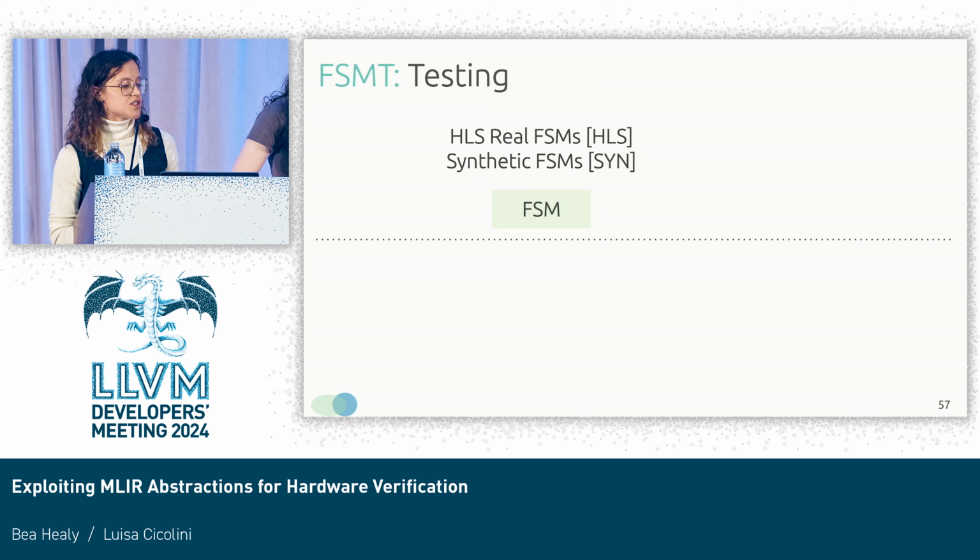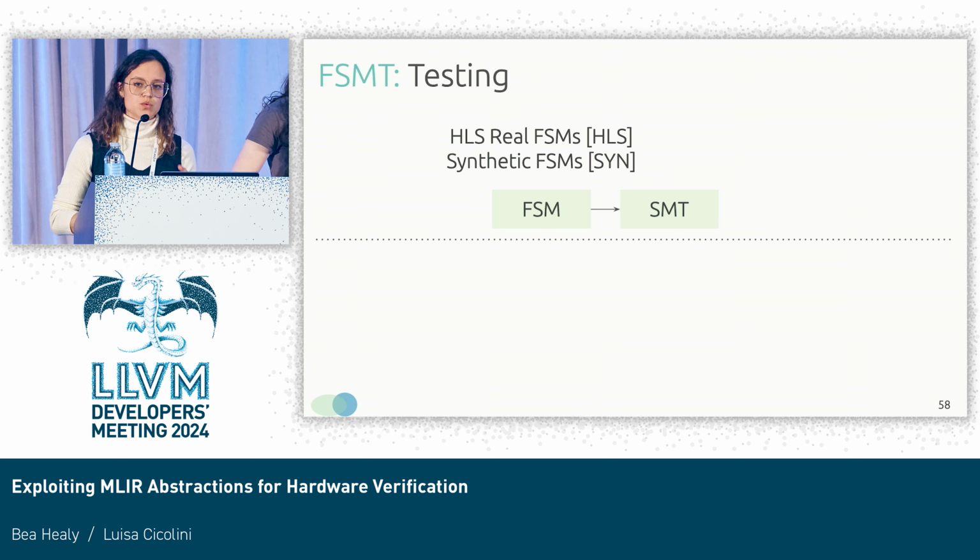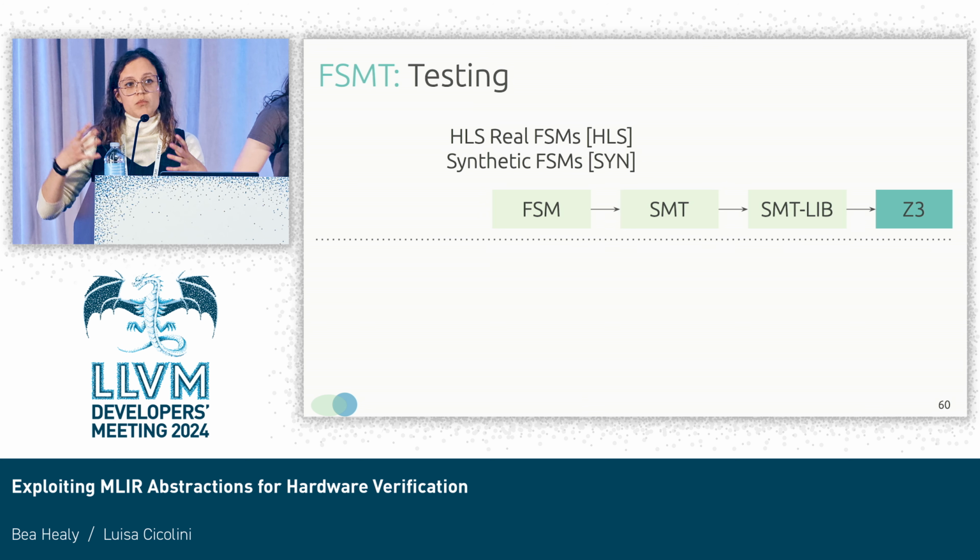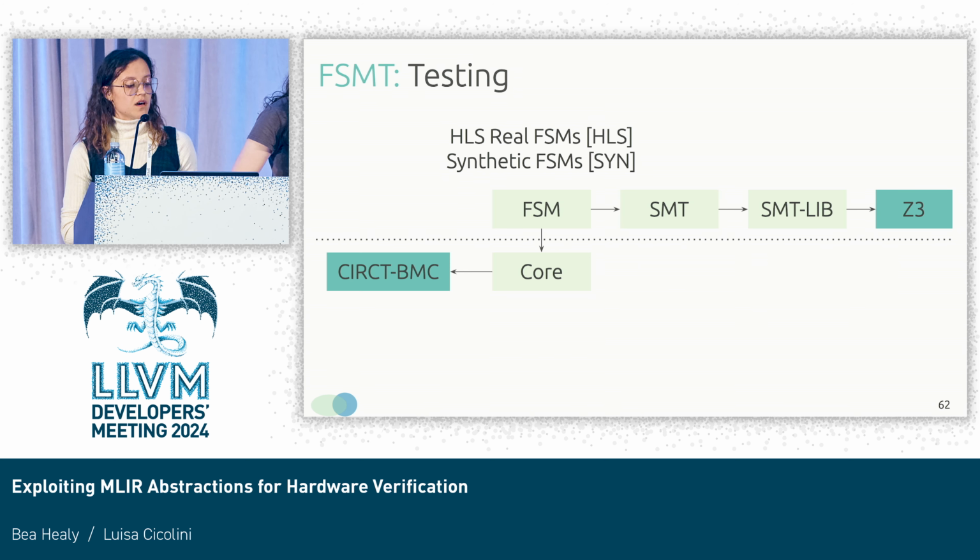First things first, we convert our FSMs into the SMT dialect, and we export them in SMT-LIB format. We then check these SMT-LIB files using Z3, and we compare the performance of Z3 with CIRCT BMC. So we lower the finite state machines down to core dialects, and we use CIRCT BMC to check the same properties against these FSMs.